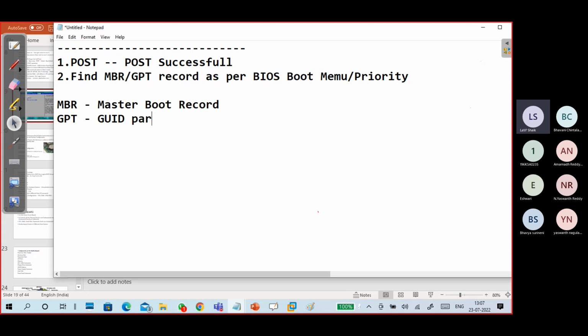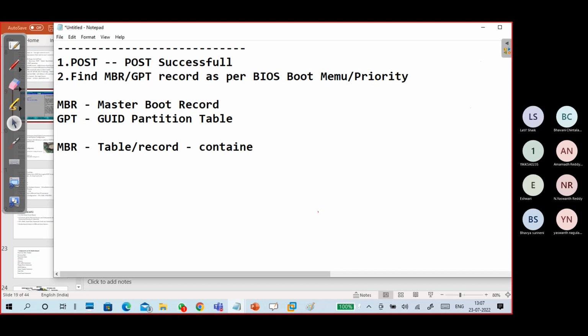GPT is GUID partition table. What is this MBR or GPT? Both are the same, guys. It is nothing but a table or a record.